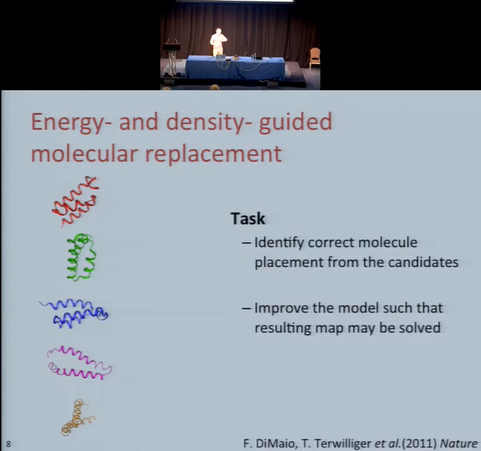We're not even sure from the Phaser z-score or likelihood if there's a correct solution among these, and if there is, which one is correct. So our task is to identify the correct molecule from among all these candidate structures. We also want to improve this model so that if we rephase the data, the resulting map can be interpreted straightforwardly.